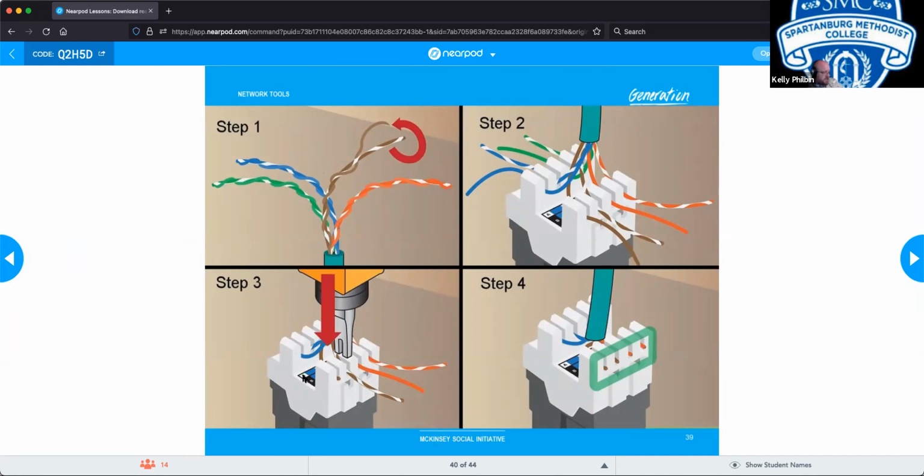In here, you will see a picture representation of whether they're using T568A or T568B. You just need to be sure that on both sides of your runs, you're using the exact same standard. So when you pick a standard, stick to that standard. Otherwise, it can cause problems in the network.